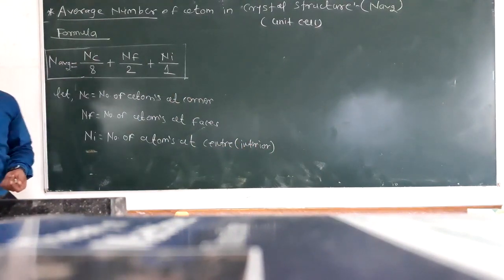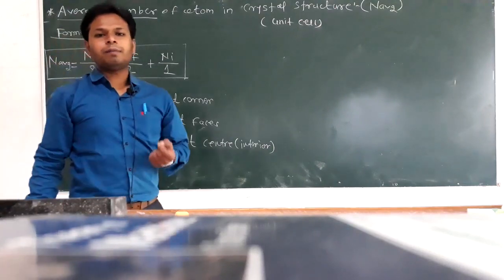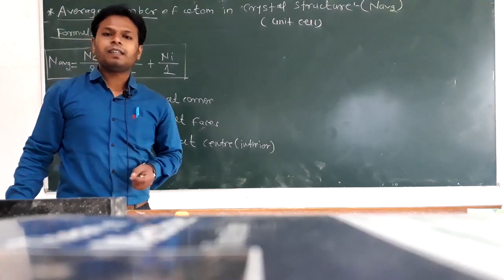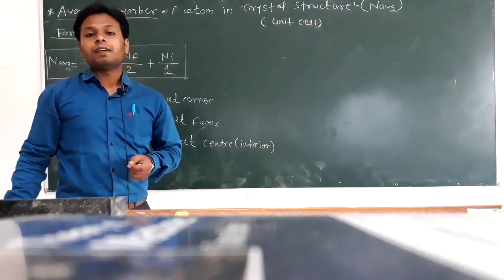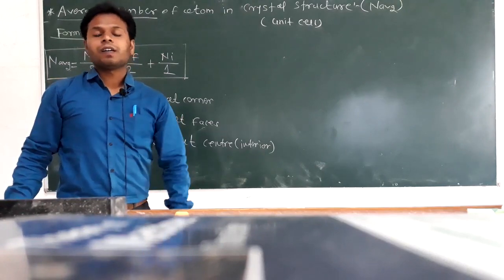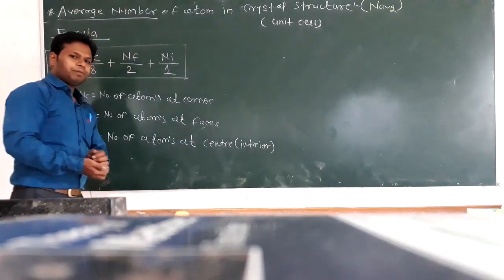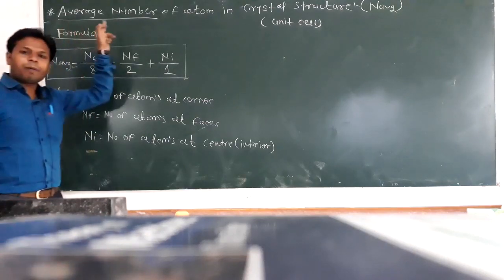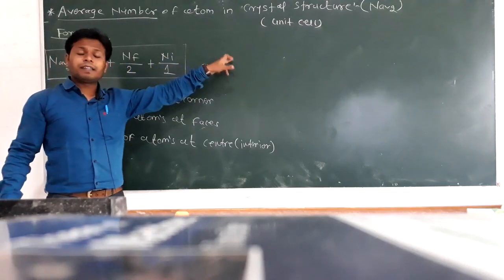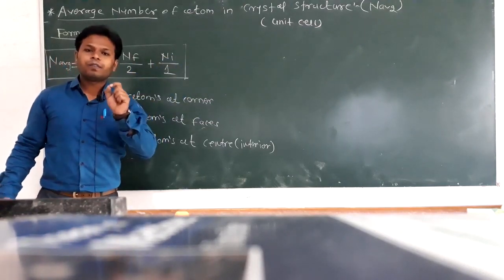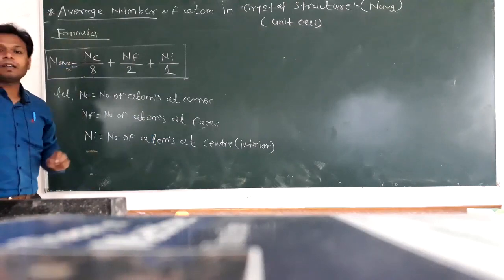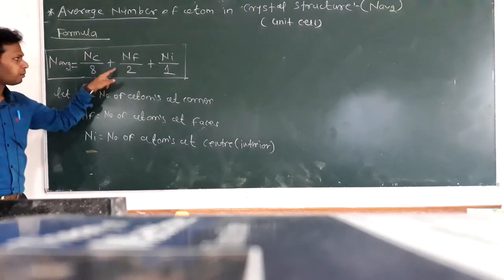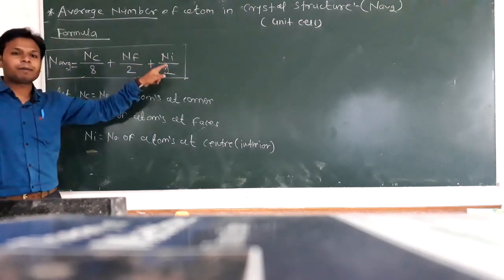So today we will find the average number of atoms for the simple cubic structure, the body center cubic structure, and the third one, the face center cubic structure. Once again, the average number of atoms in a unit cell is equal to Nc upon 8 plus Nf upon 2 plus Ni upon 1.